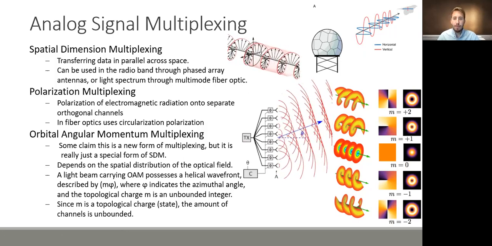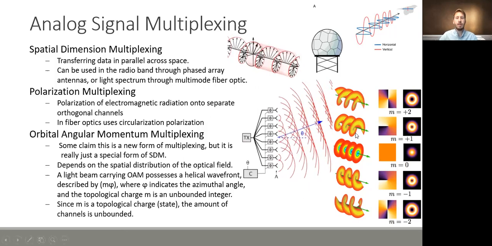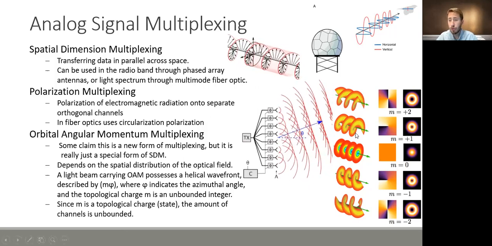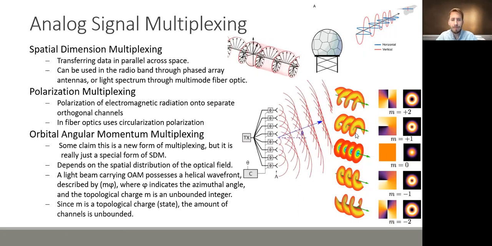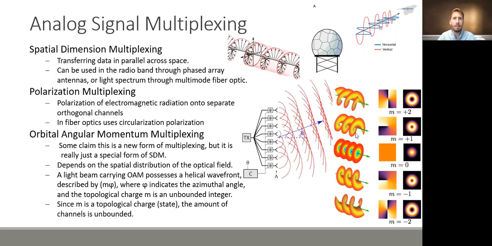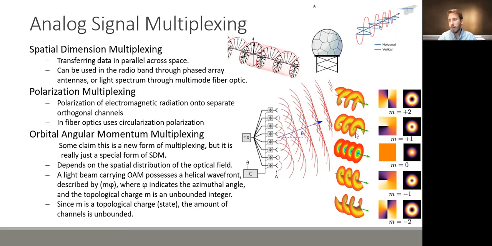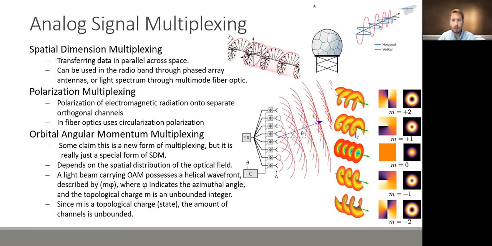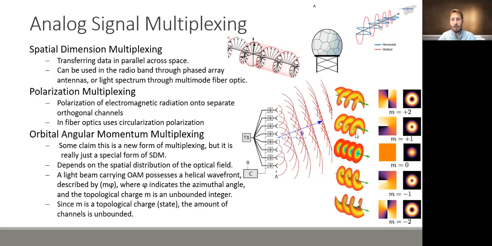Orbital angular momentum multiplexing. There's a bit of, I don't know if you call it disagreement right now. This is still pretty new, but a lot of people try to frame this as a quantum-type new discovery, simply because it has to do with light and you're talking about angular momentum.